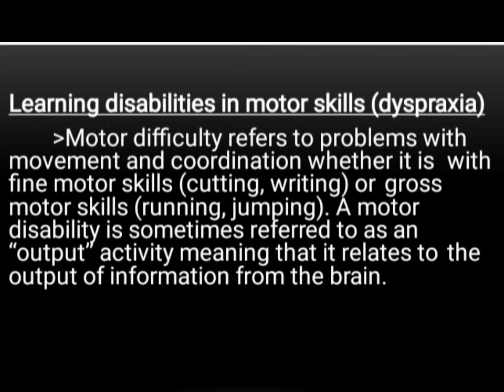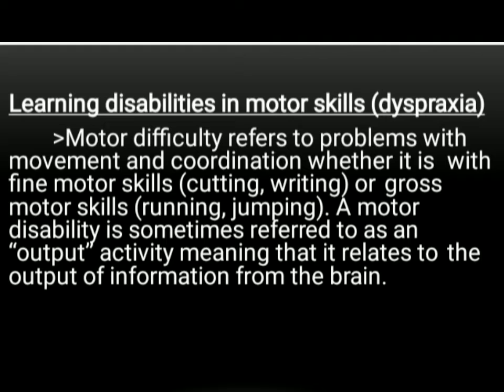First, we have the learning disabilities in motor skills, also known as dyspraxia. Motor difficulty refers to problems with movement and coordination, whether with fine motor skills, which is cutting and writing, or gross motor skills such as running and jumping.